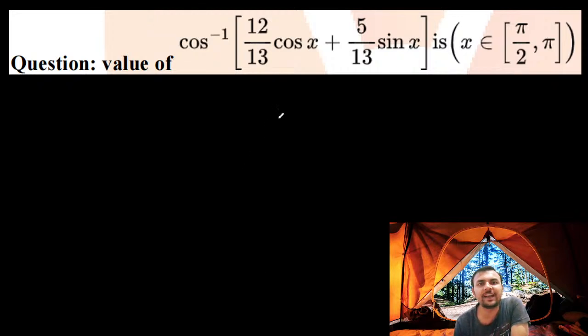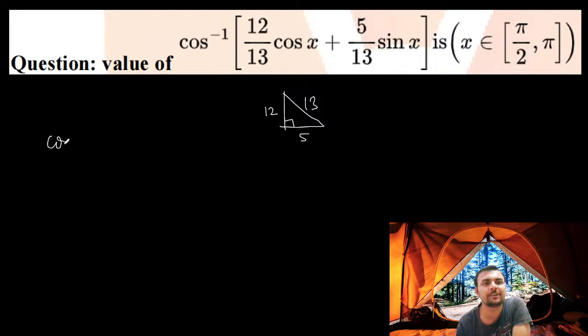So you see that in a right angle triangle, if one side is 12 and the hypotenuse is 13, the other side will come out to be 5. That means if we consider this is cos alpha, this is sin alpha.